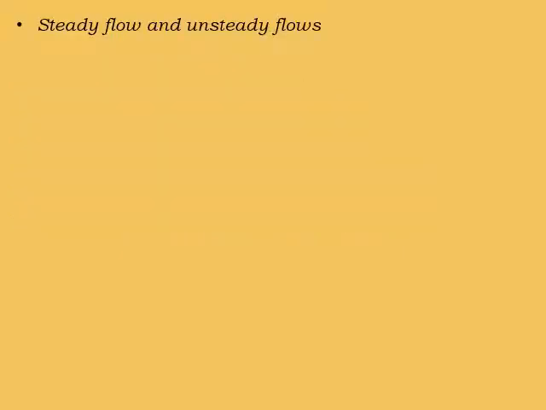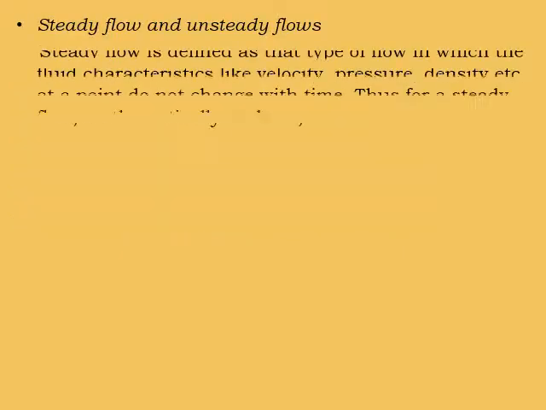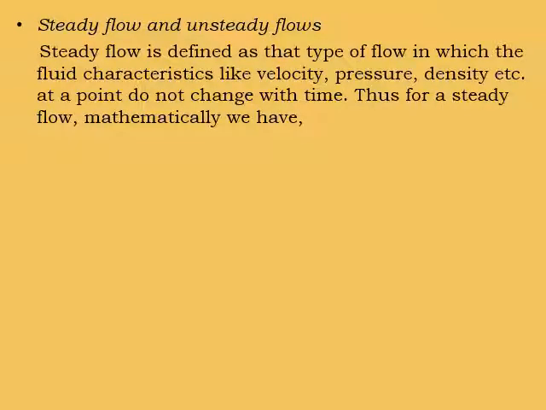The first one, steady flow and unsteady flows. Steady flow is defined as that type of flow in which fluid characteristics like velocity, pressure, density, etc. at a point do not change with time.